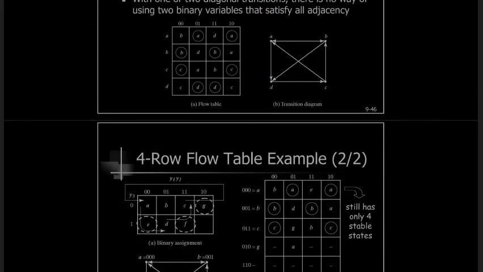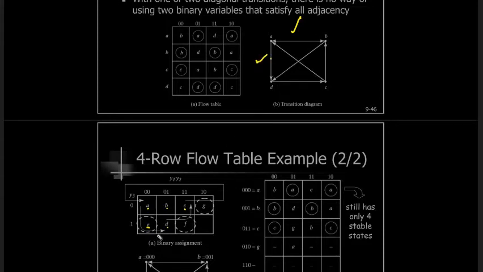So for this, I take a 3-variable K-map and I mark all these original states A, B, C, D. So there's the transition between A and B, but these two are adjacent, so no problem. And there is a transition from A to D, but these two are not adjacent. So I add an extra state E so that the transition from A to D goes through E. So this is sorted.